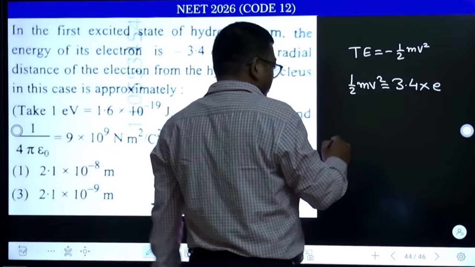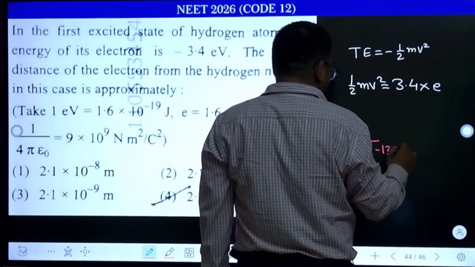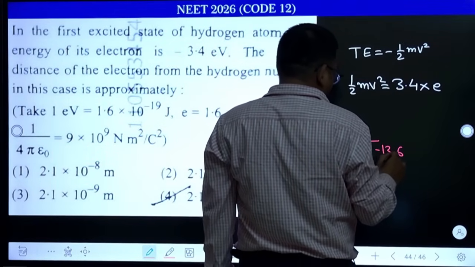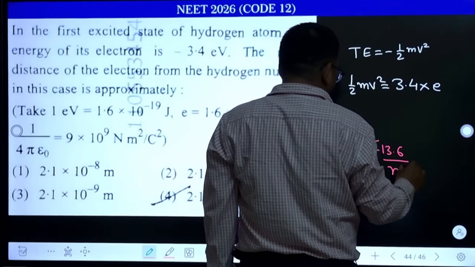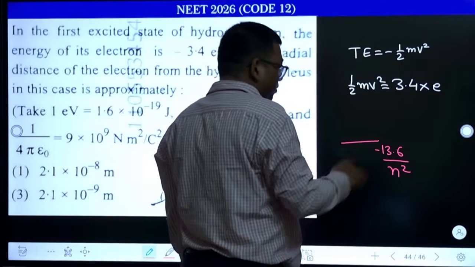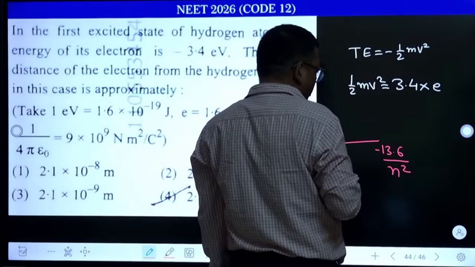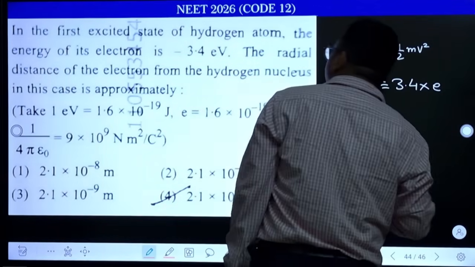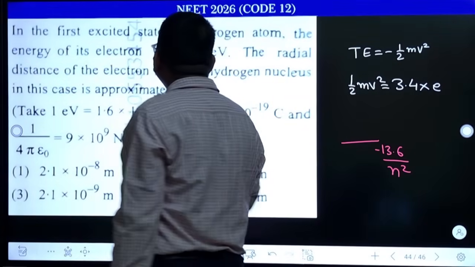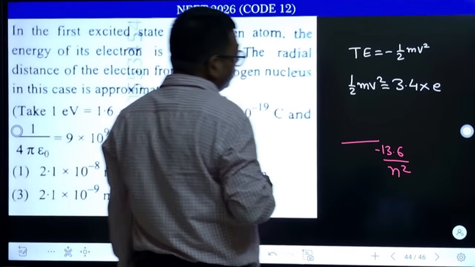So remember, the energy is minus 13.6 by n square. If you give 1, then 2, then 3, then 4, I think 4. Fourth state.